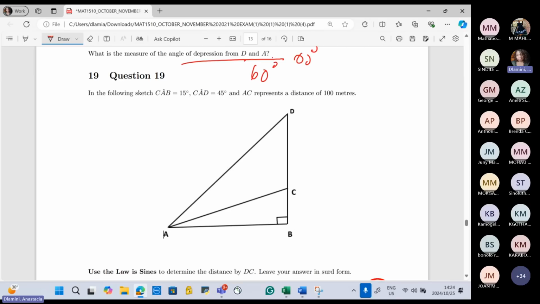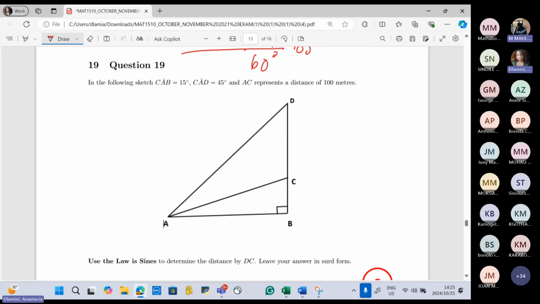Now we are here. This diagram is the same as the one for question 18, right? Yes. So already I have calculated my angle D, which is 30.